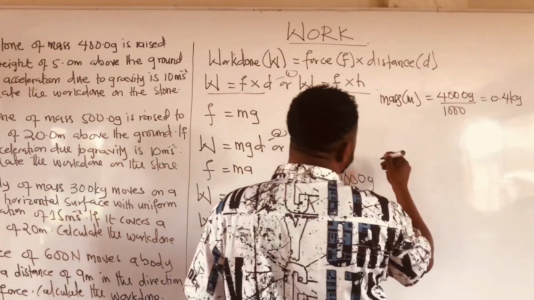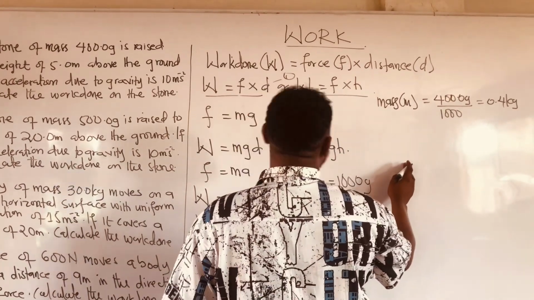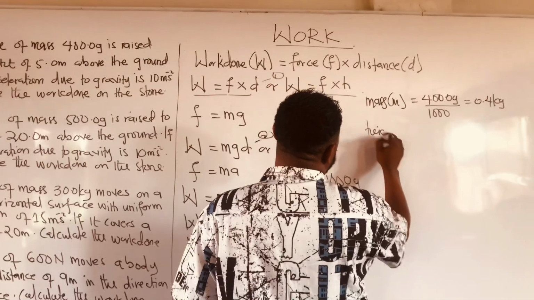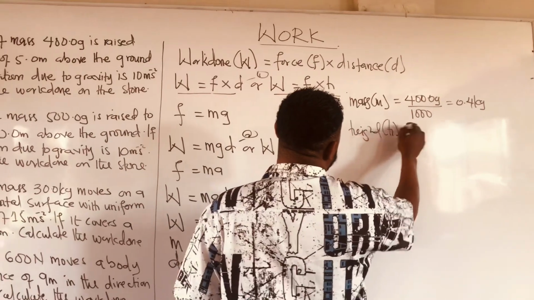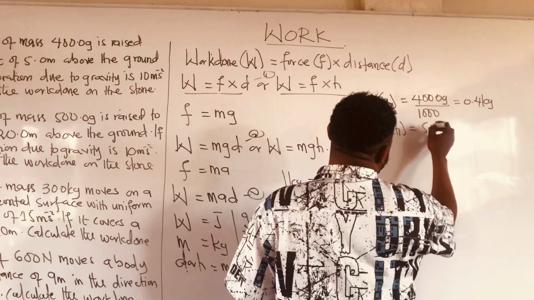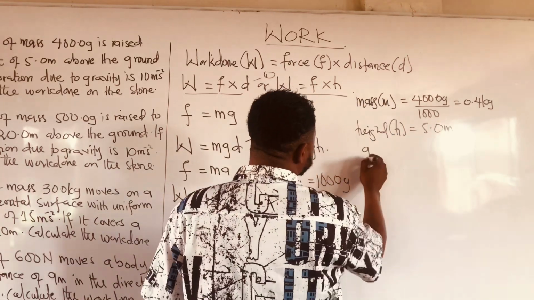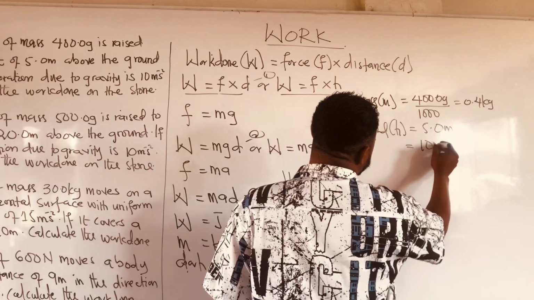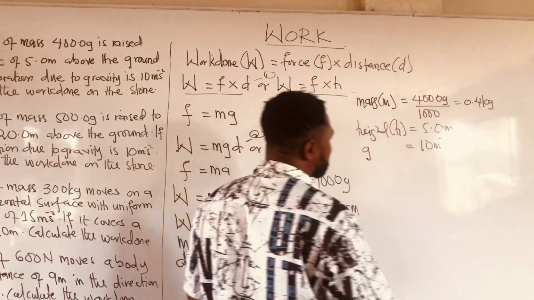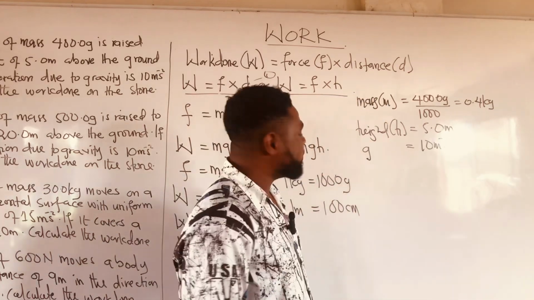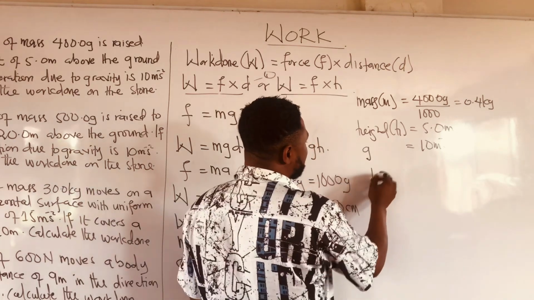Again, the height of the stone is given, H, which is 5.0 meters. And again, gravity is given, which is 10 meters per second squared. So this is the data we have, and we have been asked to calculate work done.